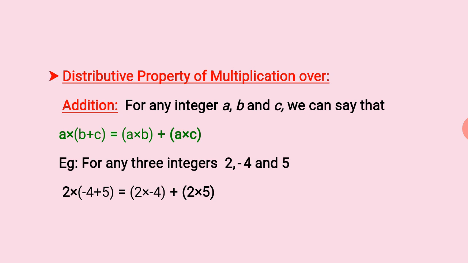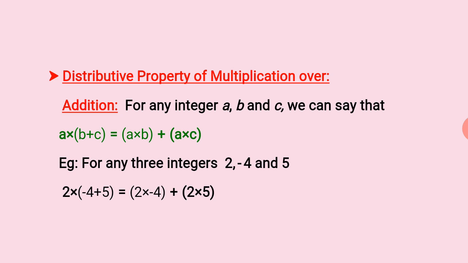So I hope with this, the expansion, that is the distribution, you have understood. Children, now if you solve the left hand side separately and try to get the answer, that will be equal to the right hand side. You can try it on your own. Let's move to the next property.